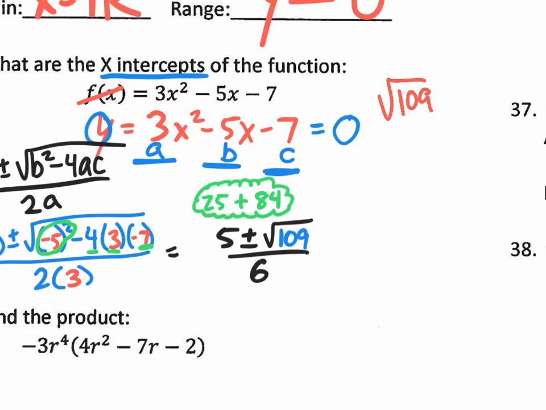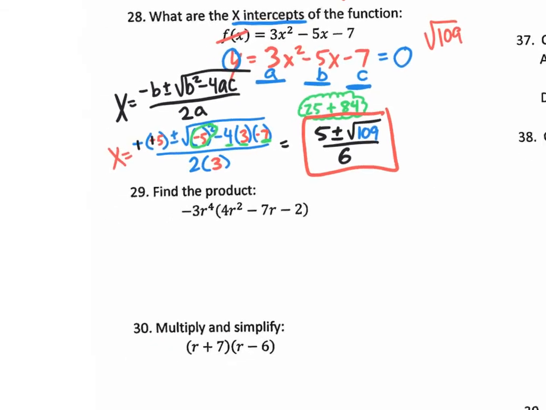You can't really break it down. I tried with the calculator, and 109 cannot be broken down with any perfect square number. Actually, you can't even divide it by 2 or 3. So 109 cannot be broken down. So this is your final answer. Whoa, that's ugly. That's your final answer: 5 plus or minus the square root of 109, over 6.